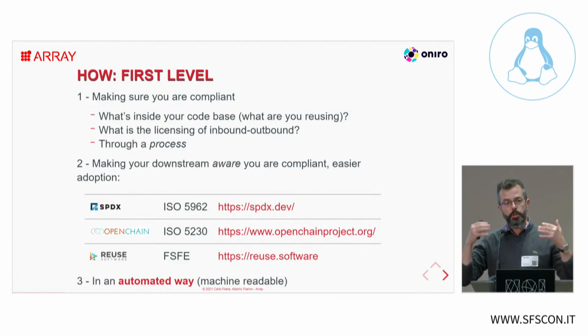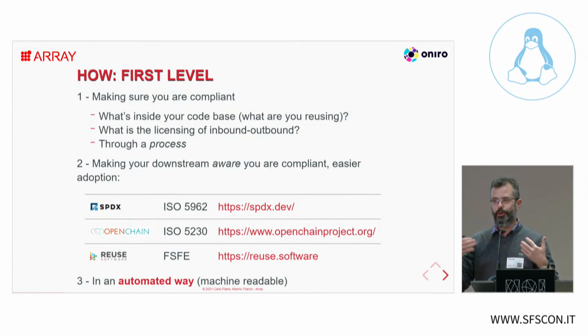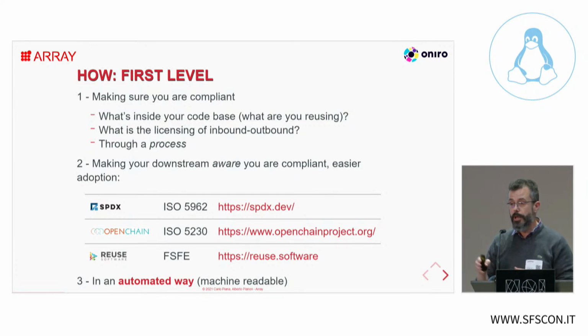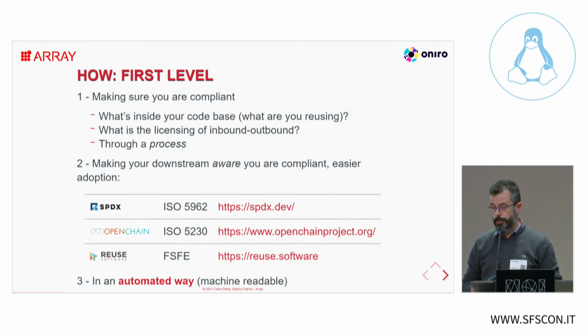But the way compliance must be made today is much more complex, alas, unfortunately. We have tools and we have standards. And in our effort, we have chosen to adopt open standards for this. Already mentioned SPDX in the previous presentation.